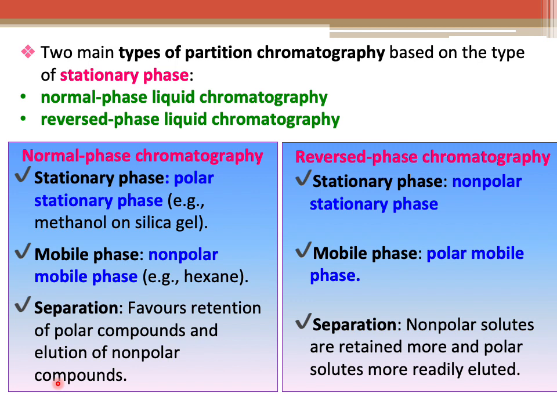For the reverse phase chromatography, the stationary phase should be non-polar, and the mobile phase is a polar mobile phase. Terbalik dengan normal phase chromatography ni. So separation, non-polar solids are retained more and polar solids are more readily eluted. So, non-polar solid ni akan retain lebih dalam stationary phase.